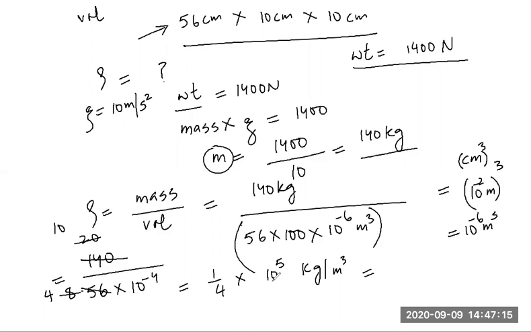Or you can take 10 from here, so 10 by 4 will be 2.5 into 10 raised to power 4 kilogram per meter cube. Okay, students, you should increase your speed of calculation here.